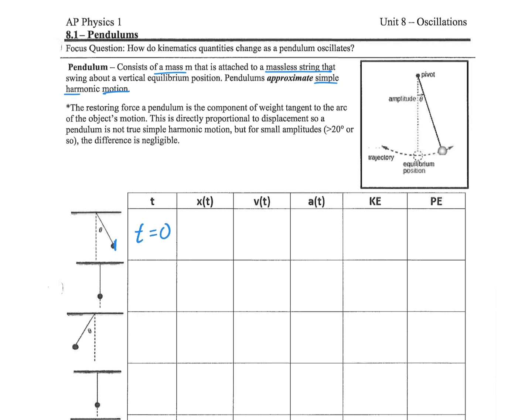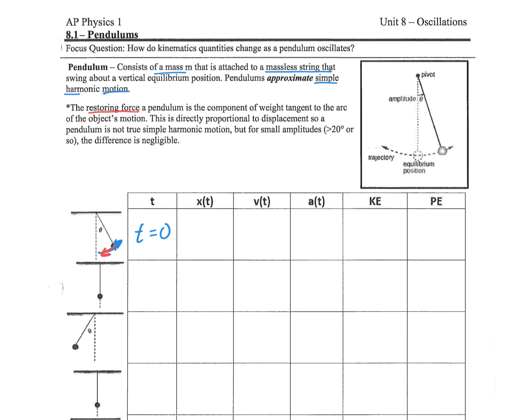So what does it mean? It means if I pull this guy back this way and let it go, which direction does it want to go? The opposite way. That is the restoring force. The restoring force would be the other way.